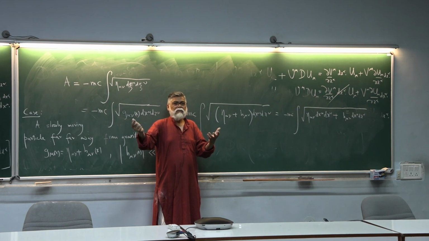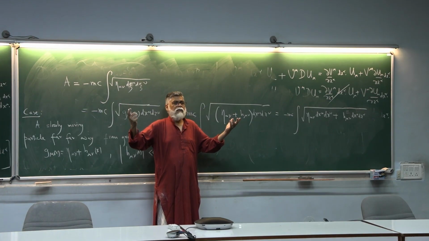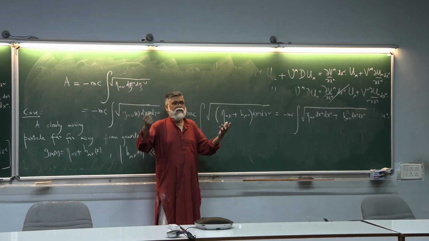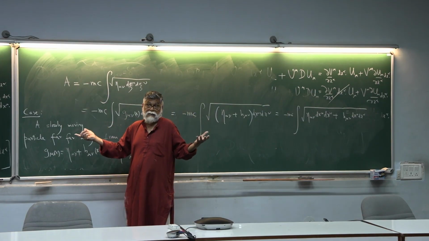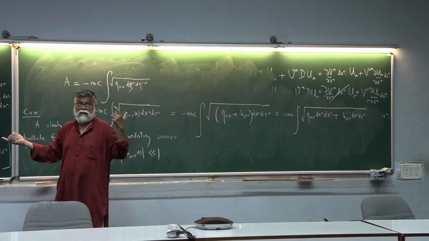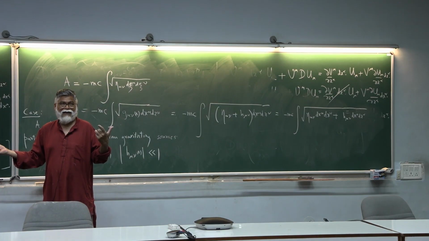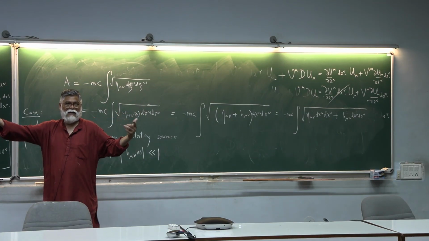Then you say the test particle is not changing the electric field and magnetic field, and its trajectory will be given by the Lorentz force. So m dp by dt will be charge times E plus v by c cross B. Strictly speaking, the test particle itself is not perturbing the external fields.